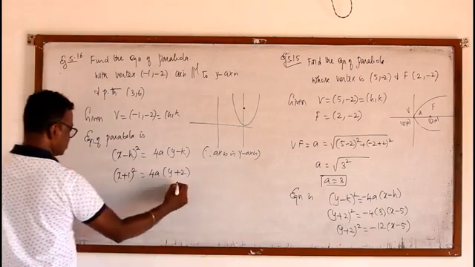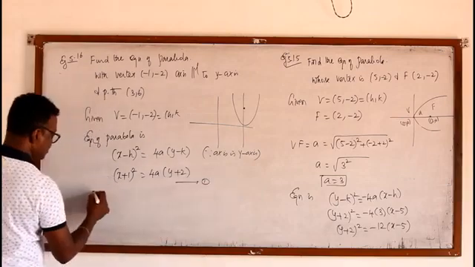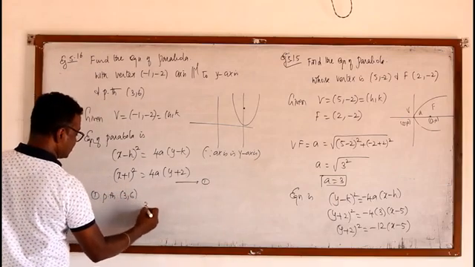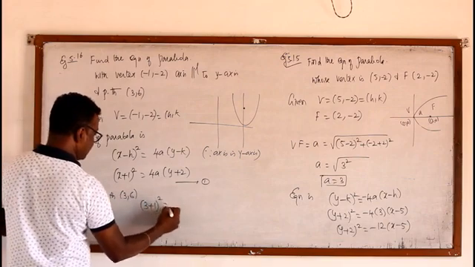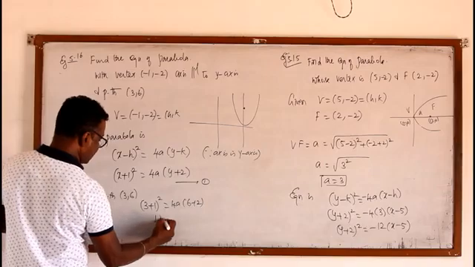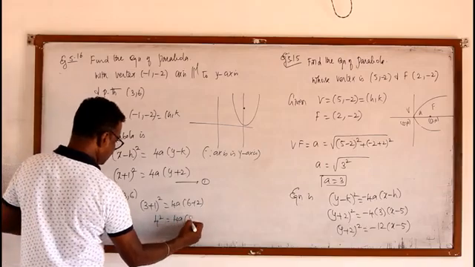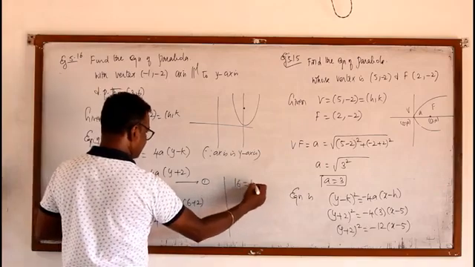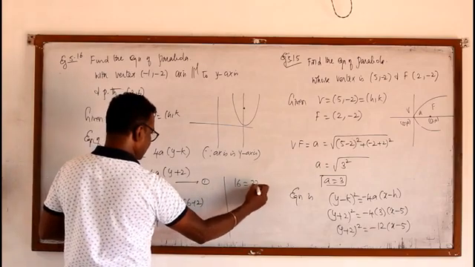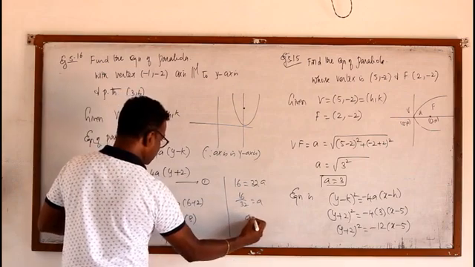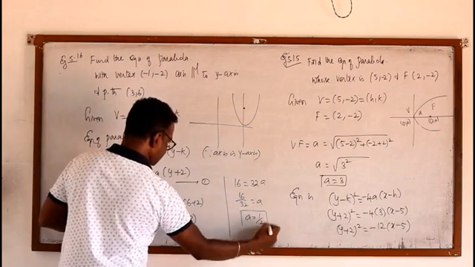So this passes through (3, 6). So (3 plus 1) the whole square equals 4a into (6 plus 2). So 4 square equal to 4a into 8. That is 16 equal to 32a. 16 by 32 equal to a, so a is 1 by 2.